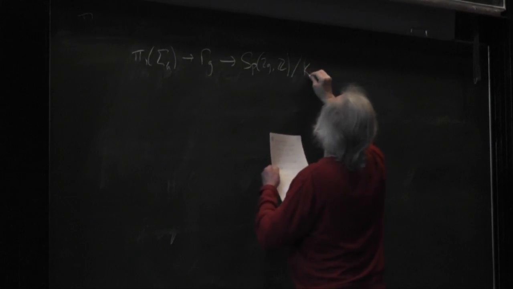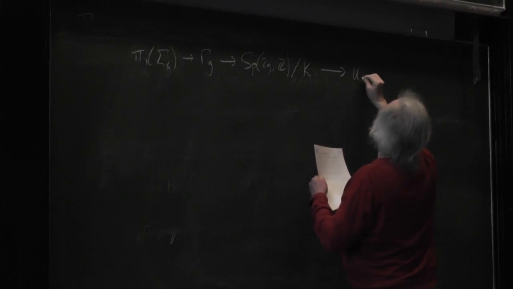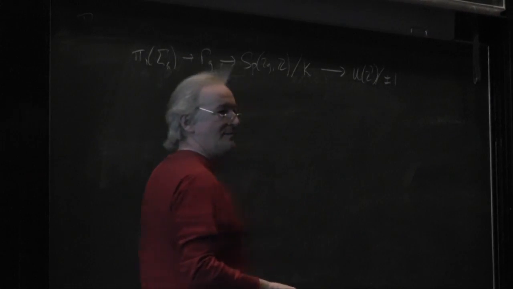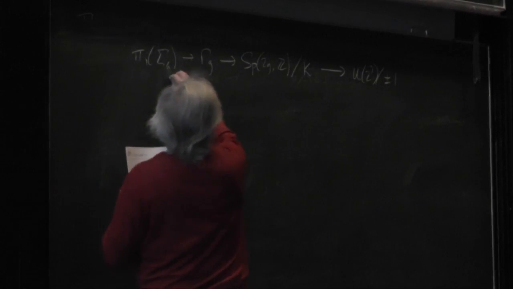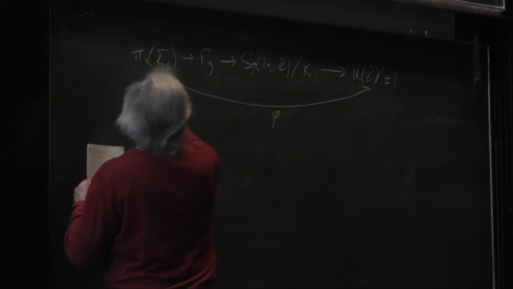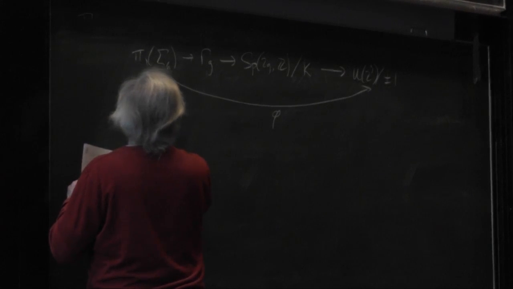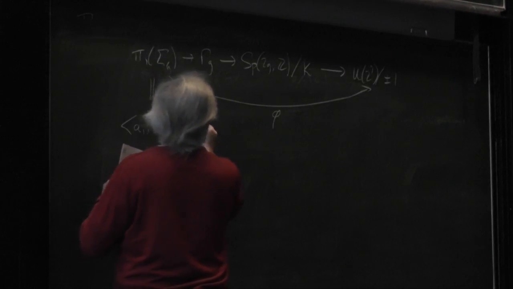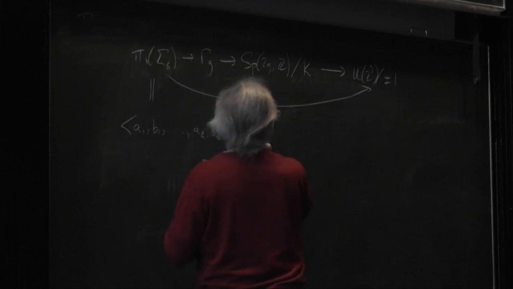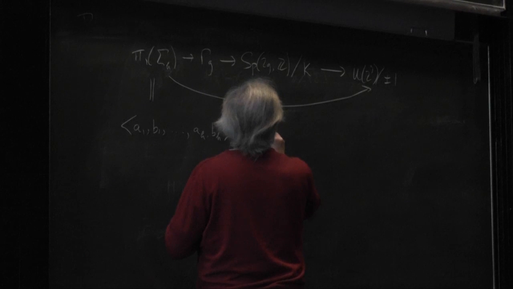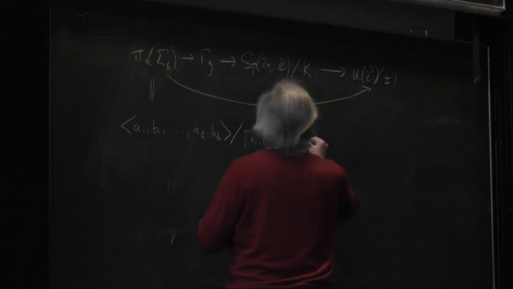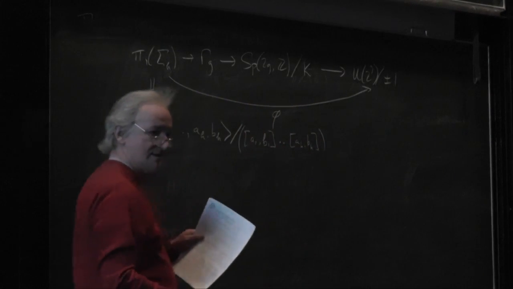Now we're going to quotient out K and then go to U(2 to the g) modulo plus or minus 1, this representation by matrices. And so let's call that composite phi. This group is generated by elements A1, B1 up to Ah, Bh, with one relation. It just says [A1,B1] up to [Ah,Bh] is the identity.